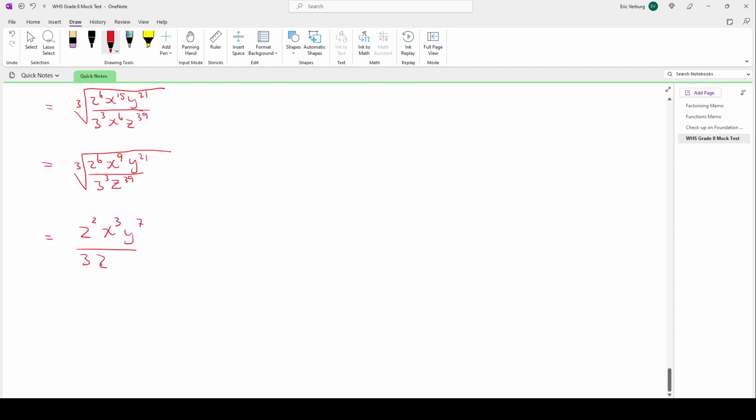And z, we just rewrite the z. Z to the power 39 divided by 3, which is 13. And again, that's good enough for the final answer. I'm just going to change the 2 squared to a 4. So 4x to the power 3, y to the power 7, over 3, z to the power 13. And that's our final answer.